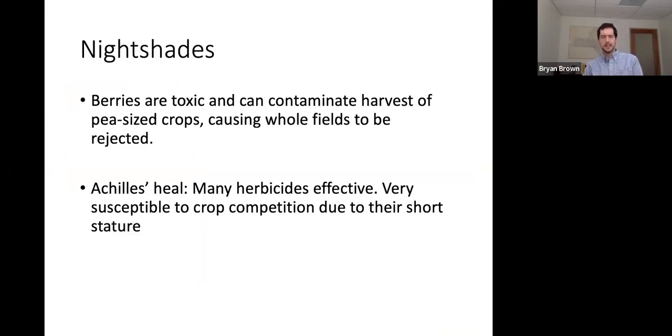And so this can be a big problem in peas because they can't separate the berries from the peas, and they'll reject whole fields because there's just a few of these nightshades in them. But its Achilles heel is that many herbicides are effective on the nightshades, and it's very susceptible to crop competition due to its short stature. So it's not a very competitive weed, or not the most competitive.